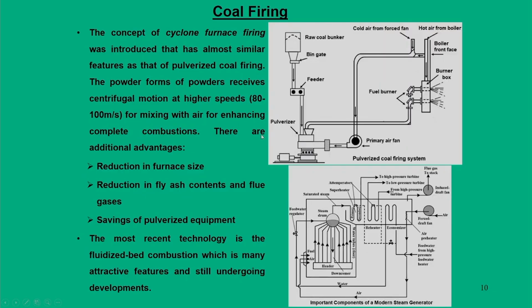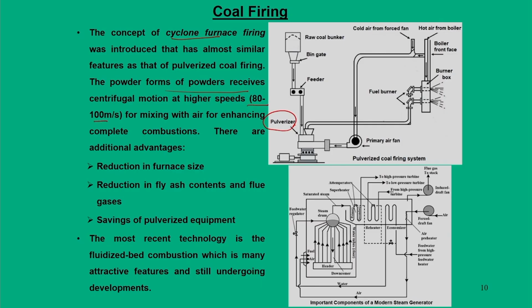Then moving further, there are more developments in the pulverized form of coal firing. People started using the cyclone furnace. This cyclone furnace is similar to a pulverizer, but the main difference is that the pulverized coal becomes a powder, and the cyclone furnace creates a centrifugal motion of this powder at a very high speed, that means 80 to 100 meters per second.